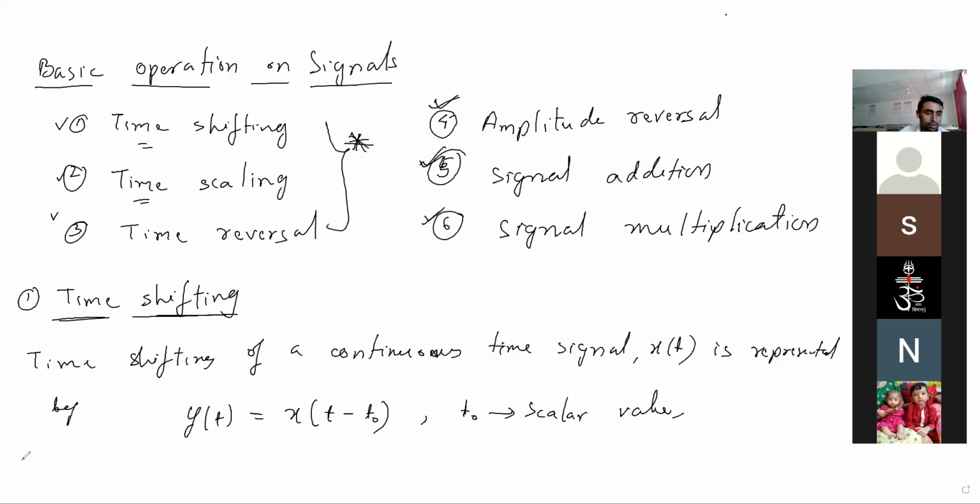So the condition is, you can write t naught, or some point also.